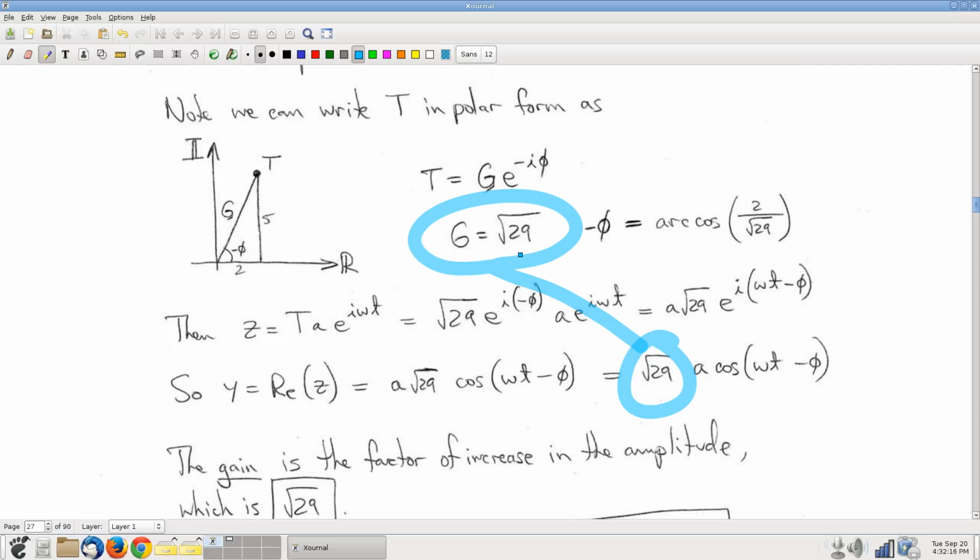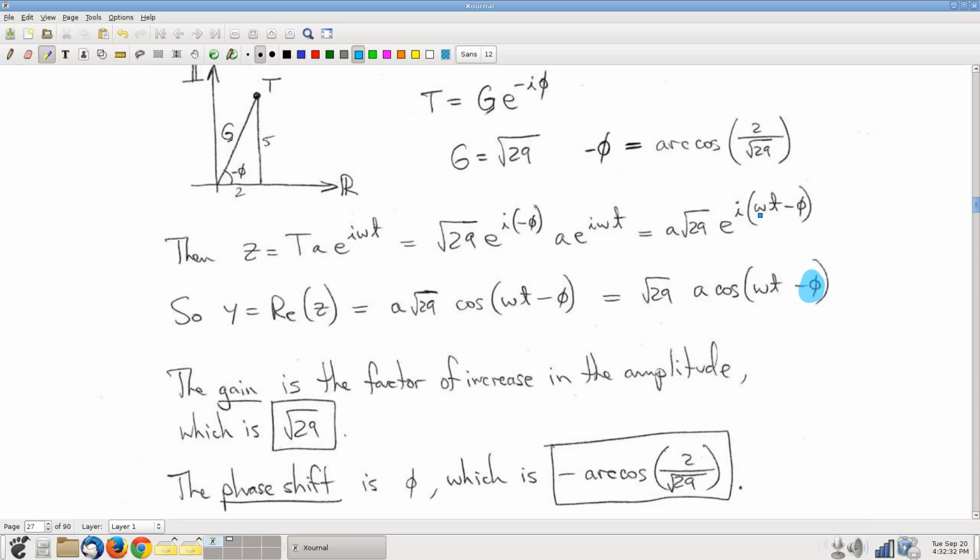The magnitude of our t, undetermined coefficient, works out to be the gain. And the phase shift is, now you've got to be careful here, the phase shift is not arc cosine of 2 over square root of 29. The phase shift is the negative of that because of this minus sign.